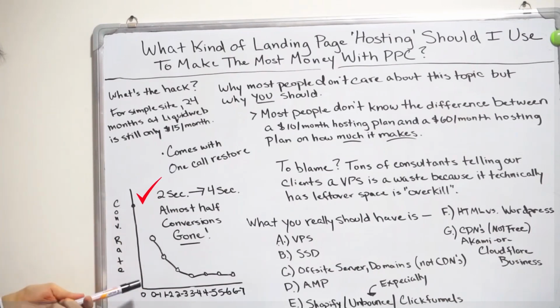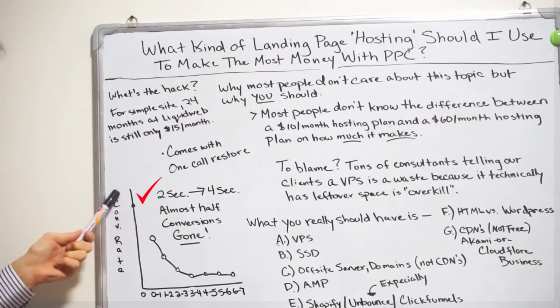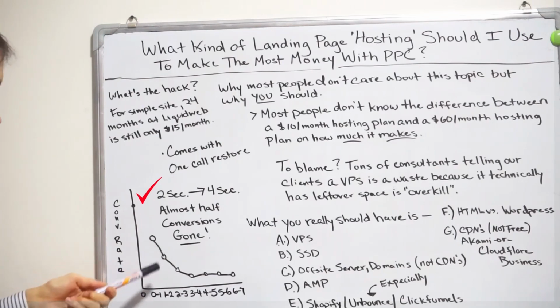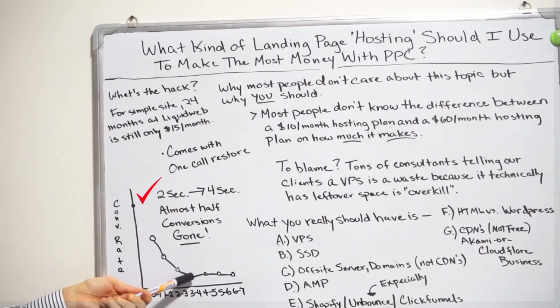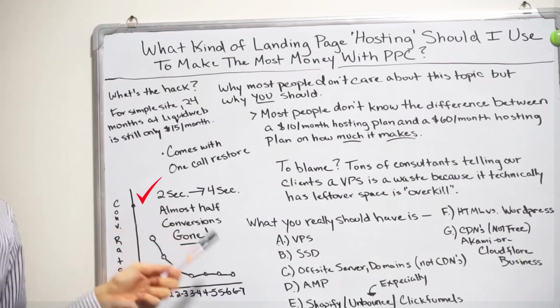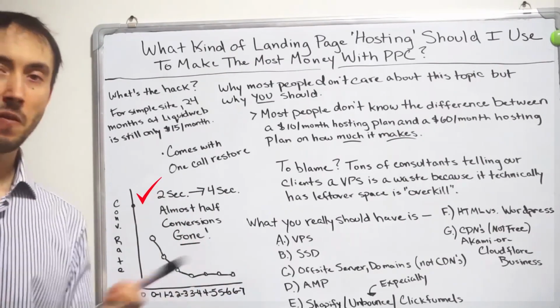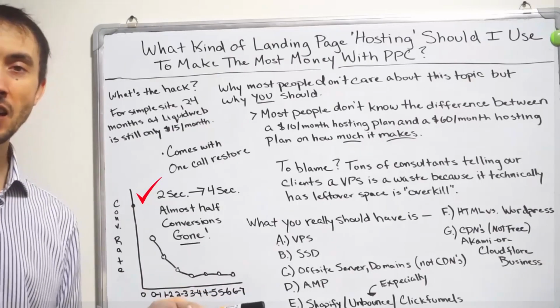Down here is less conversions, up here is more conversions. So if it takes 2 seconds, you still have quite a few conversions. Going from 2 to 3 seconds, you've dropped quite a bit. Take 2 to 4 seconds and you've lost half your conversions, just going from 2 seconds to 4 seconds.